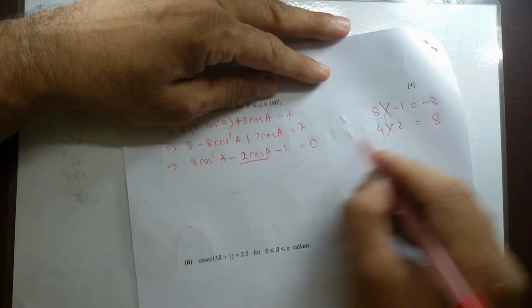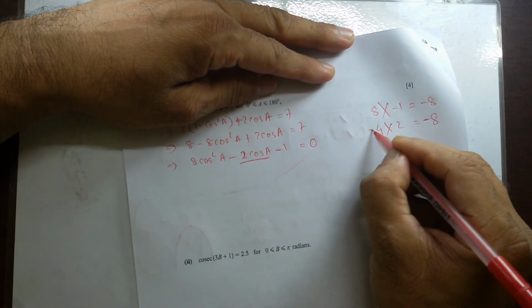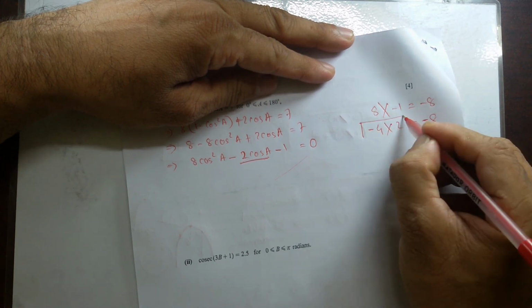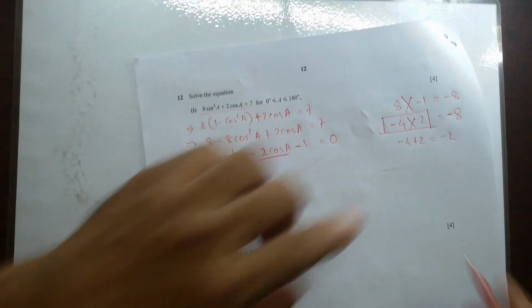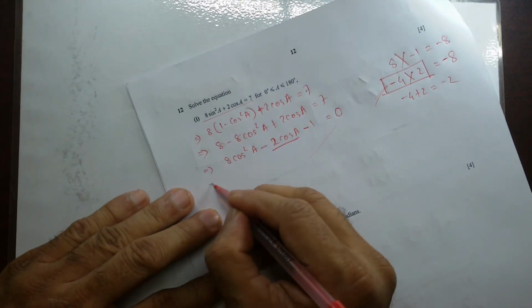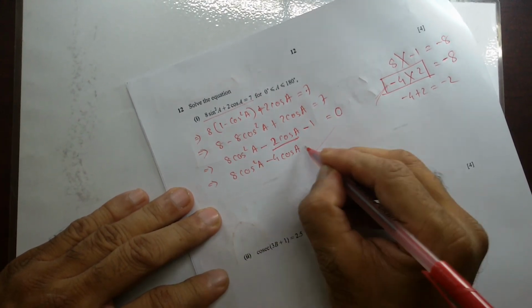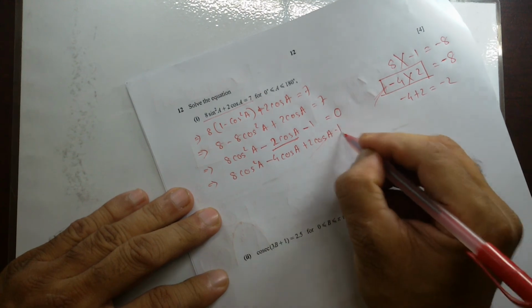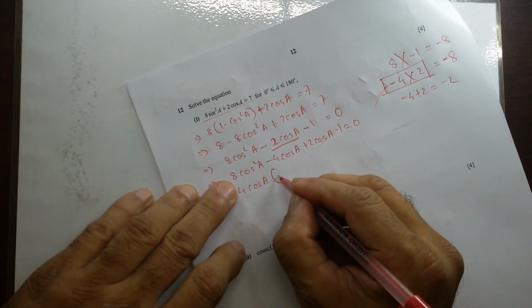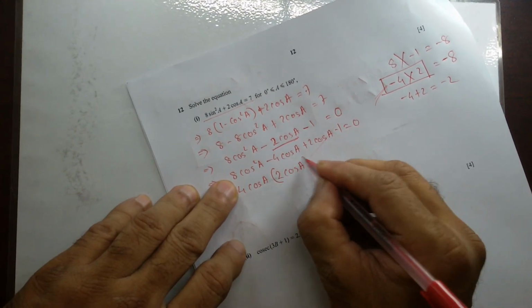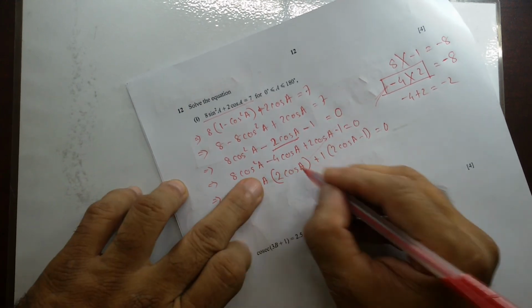I need at least one negative value to make this product negative, and we take the bigger factor to be negative. When we add, it's going to be minus 2. So these are the pair of factors I'm looking at. So 8 cos squared A minus 4 cos A plus 2 cos A minus 1 equals 0. Taking 4 cos A common, we have 2 cos A plus 1 common: 2 cos A plus 1 times 2 cos A minus 1 equals 0.